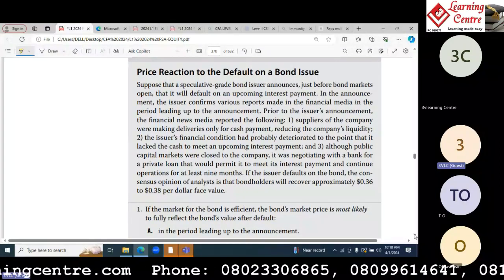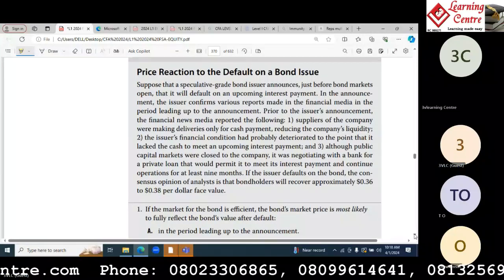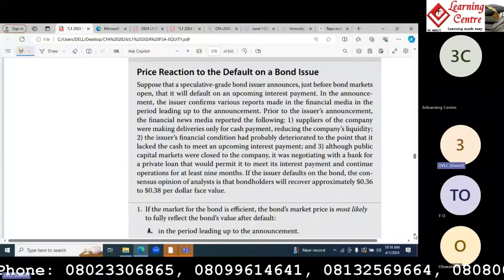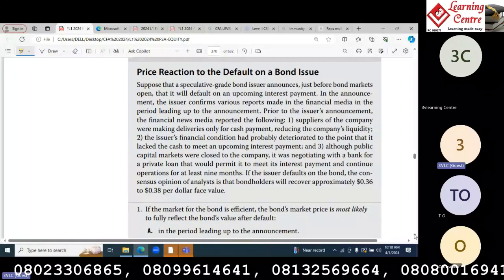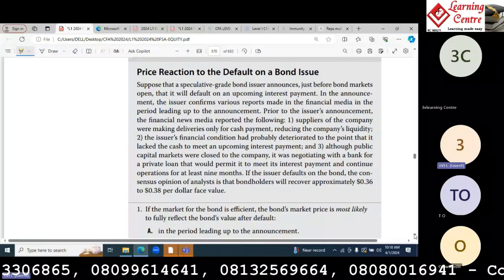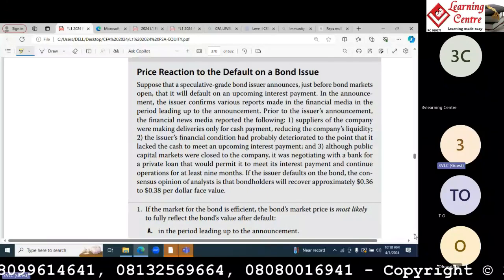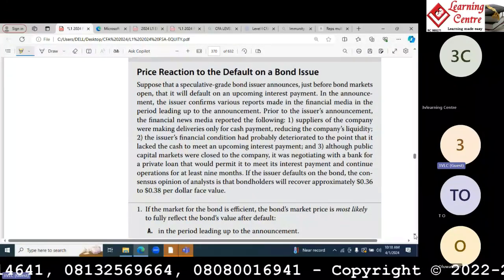That's why in the announcement, the issuer confirms various reports made in financial media in the period leading up to the announcement. Prior to the issuer's announcement, the financial news media reported the following.